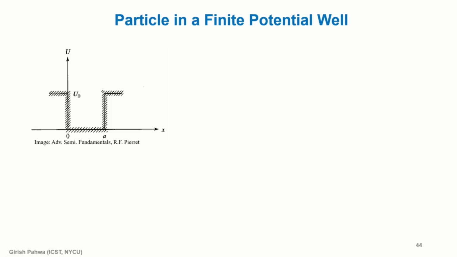Now what do I do? Again, we follow our steps. We will calculate the energy eigenfunctions; the time independent Schrödinger equation we will solve. From this onward I won't go into the general solution.